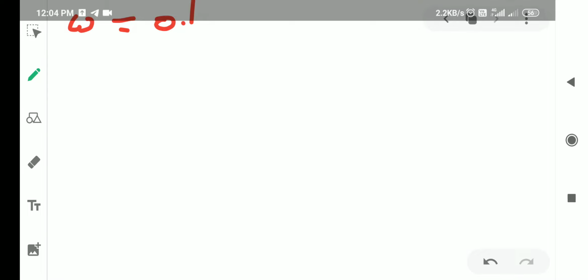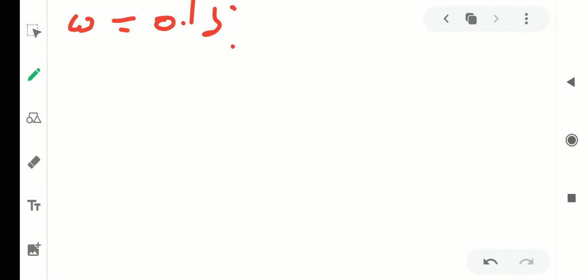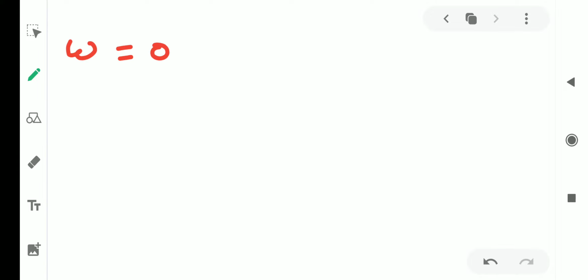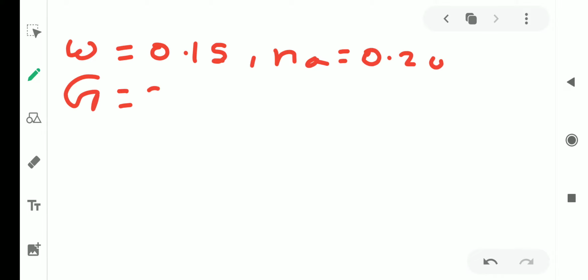So what we have been provided with is water content 0.15, Na 0.20 and G 2.69.